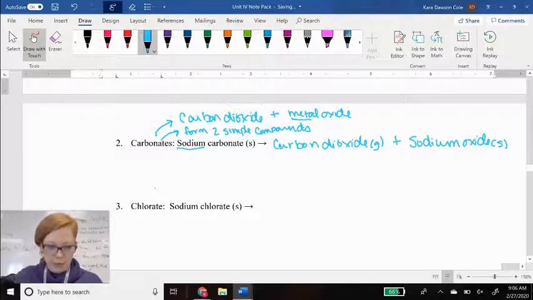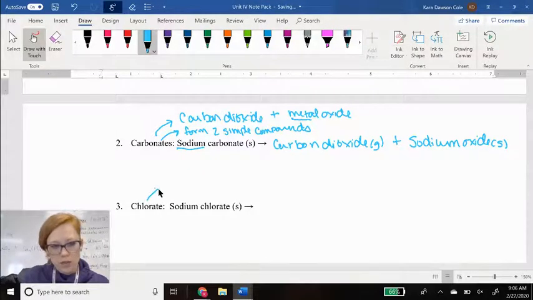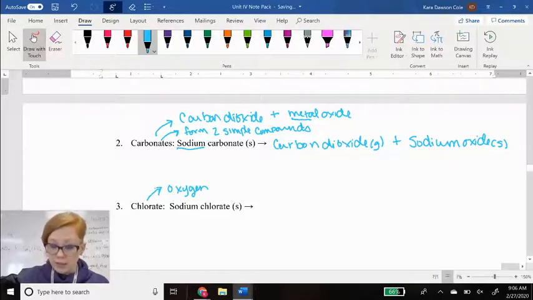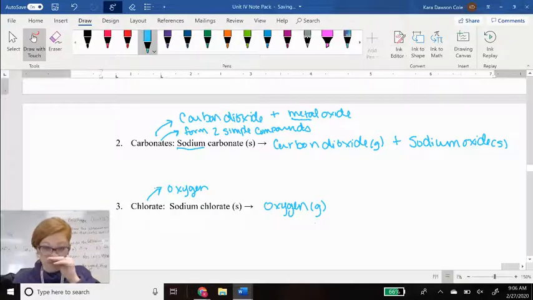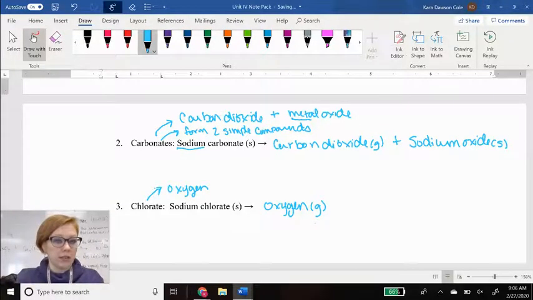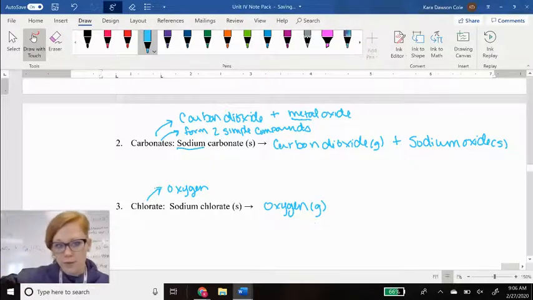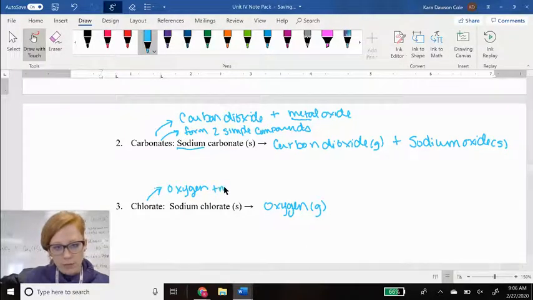The third type of decomposition that you can have is a chlorate. Chlorates always form oxygen. So I need to know this. Oxygen's a gas. So memorize: carbonates form carbon dioxide and a metal oxide. Chlorates form oxygen and a metal chloride.